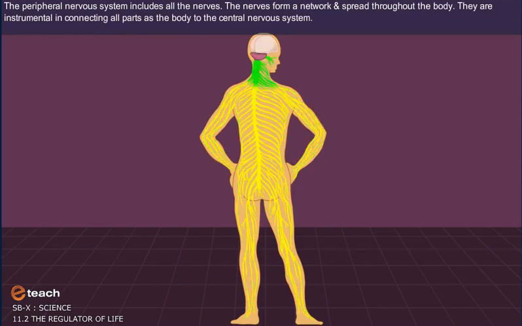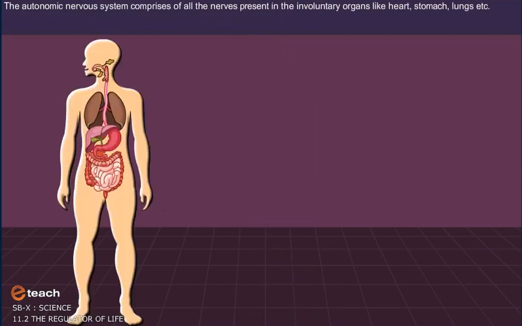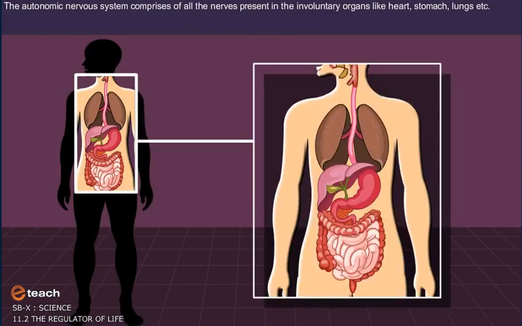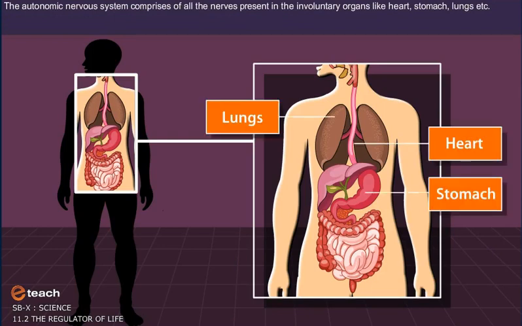They are instrumental in connecting all parts of the body to the central nervous system. The autonomic nervous system comprises all the nerves present in the involuntary organs like the heart, stomach, lungs, etc.